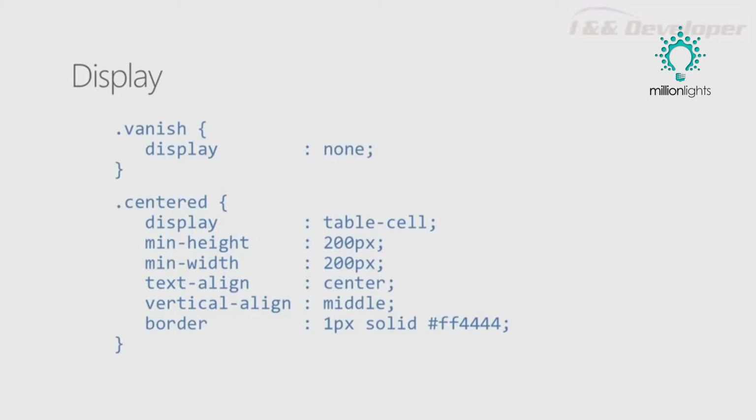And that is, a lot of us have probably used text align, which means let's go ahead and center the text. But that does that centering horizontally. But when you try to use a vertical align, it really doesn't take effect unless you're in a display that supports it, such as table cell.